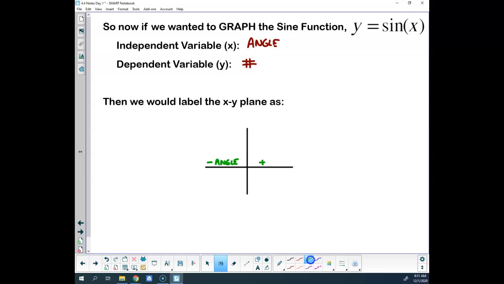We'd have positive angles here. We'd have positive numbers up there, and we have negative numbers down there. That's how the axes would be labeled.